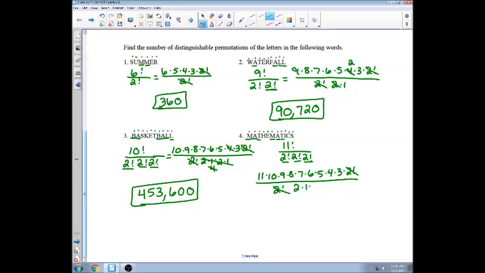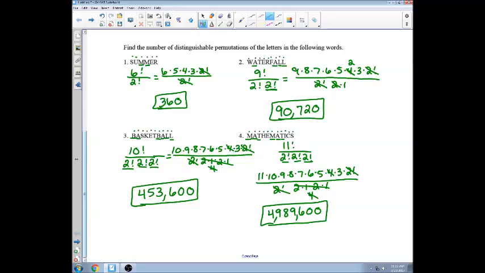And my last 2 factorial, so 2 times 1. 2 times 1 times 2 times 1 can turn into 4. The 4's can cancel. So I'm going to multiply everything that's left. So 11 times 10 times 9 times 8 times 7 times 6 times 5 times 3. That would turn into 4,989,600 different ways that I could write the word mathematics.